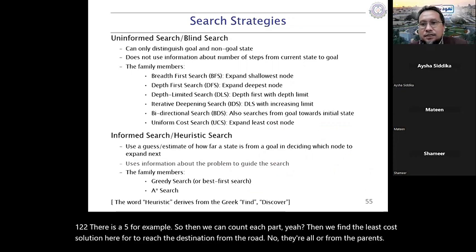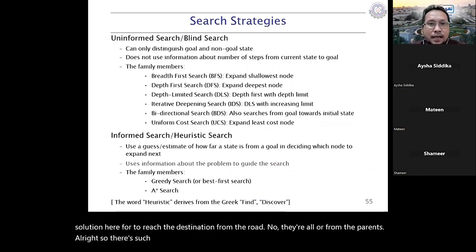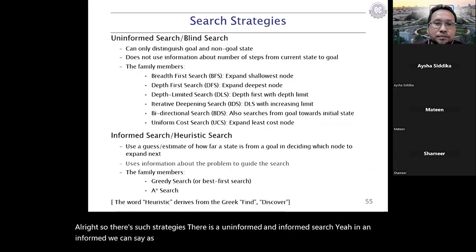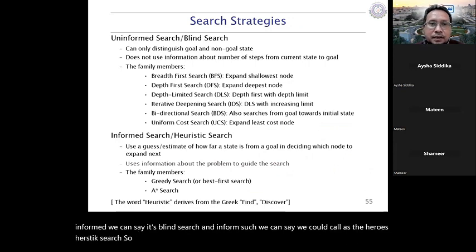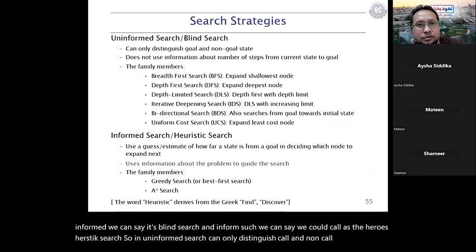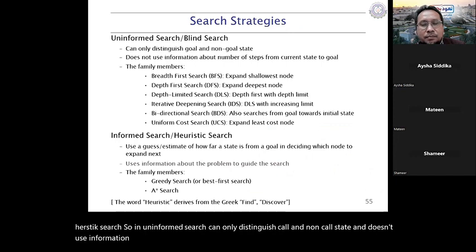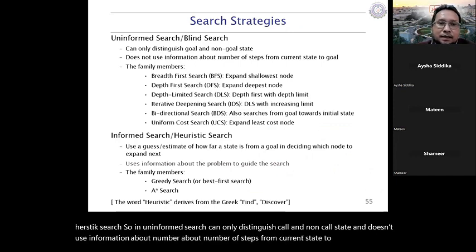So for the search strategies, there is uninformed and informed search. Uninformed search we can call blind search, and informed search we can call heuristic search. In uninformed search, it can only distinguish goal and non-goal states, and doesn't use information about the number of steps from the current state to the goal.